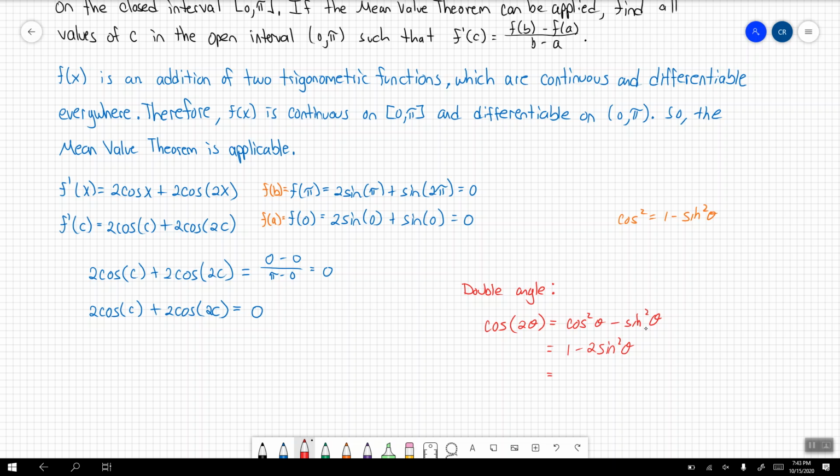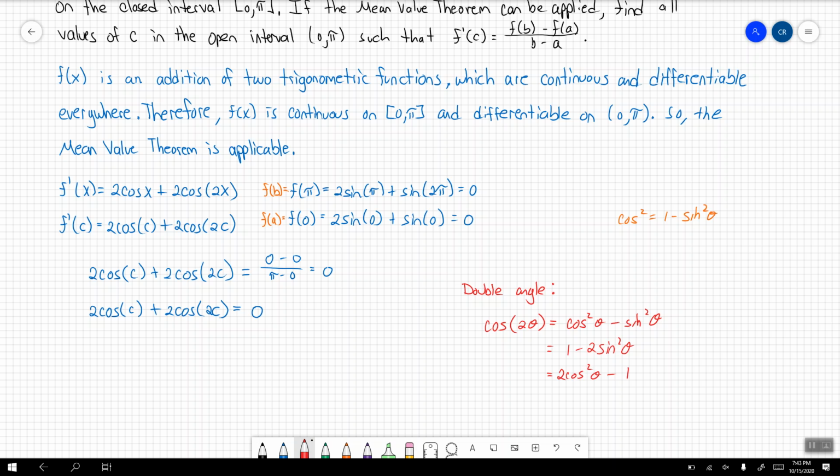And the last one is inserting for sine squared. Minus sine squared is really going to be cosine squared minus 1. So this will now be 2 cosine squared theta minus 1. My apologies.